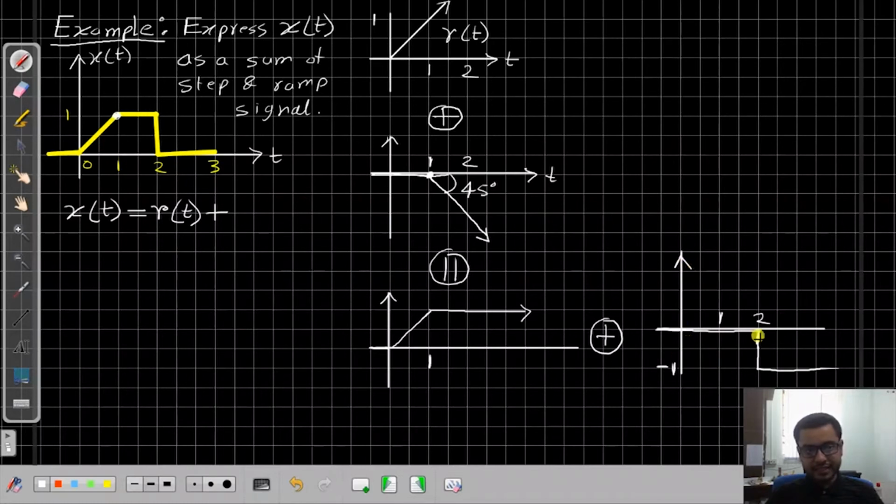So if I add this signal with this signal, then the result will be as follows. When you add this and this up to this point t equal to 2, the result will be the same as this signal because this is 0. So up to t equal to 2, it will be like this.